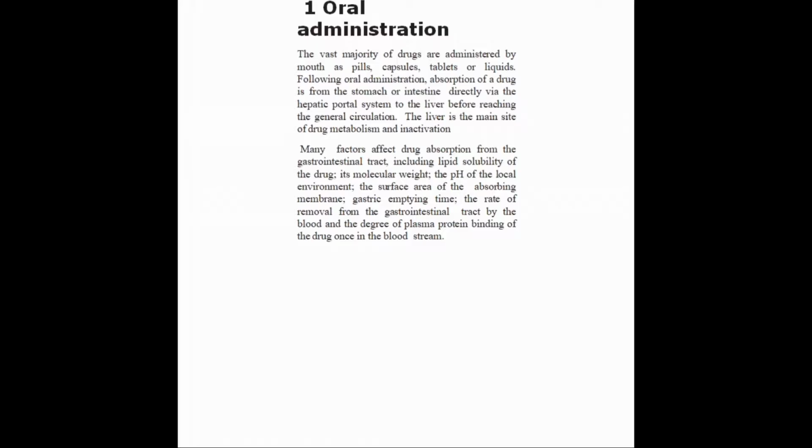Can it move as a lipid? What's the molecular weight? What's the pH of the local environment? What is the surface area of the absorbing membrane, the membrane you want to absorb that drug through? What is the gastric emptying time? The rate of removal from the gastrointestinal tract by the blood, and the degree of binding to plasma protein.